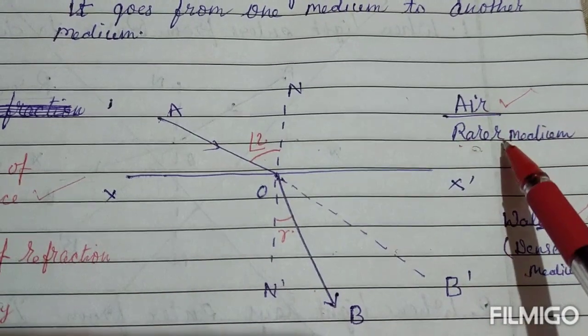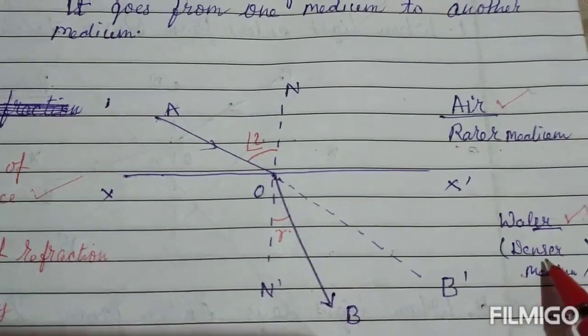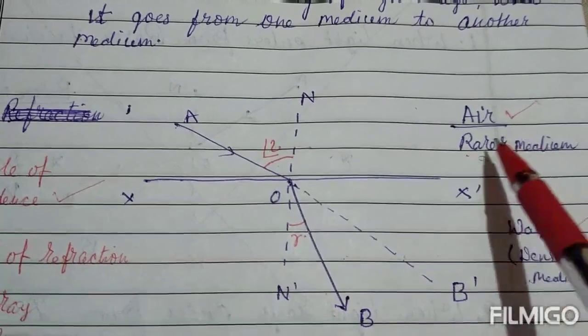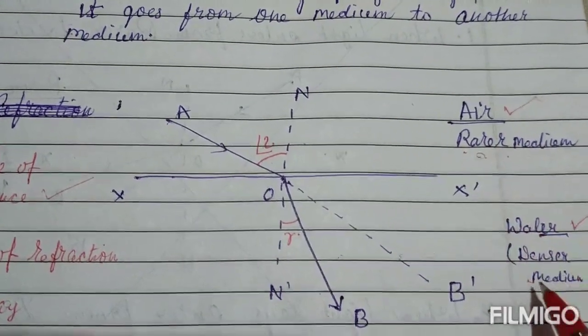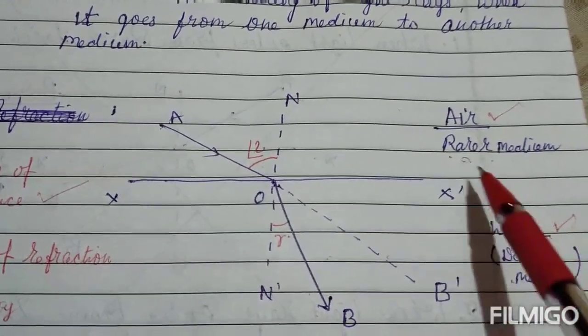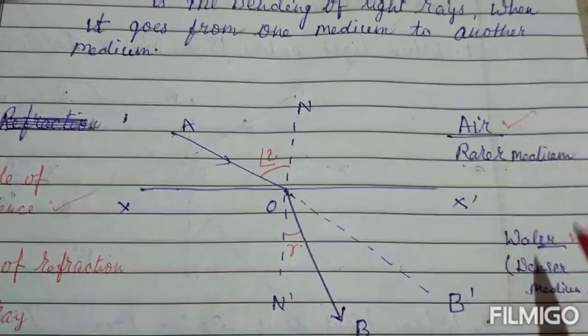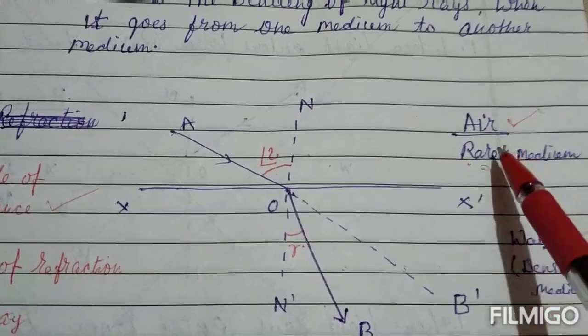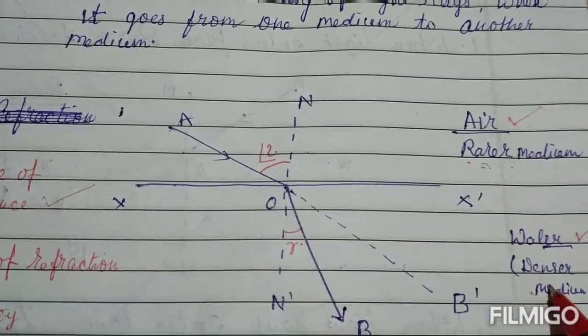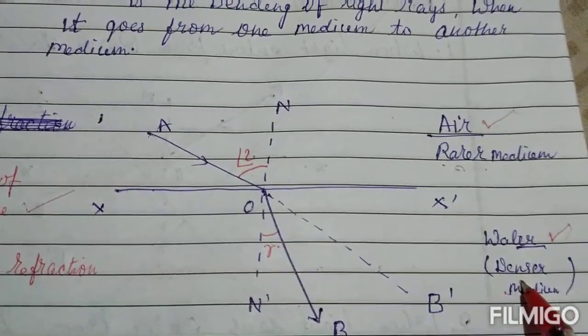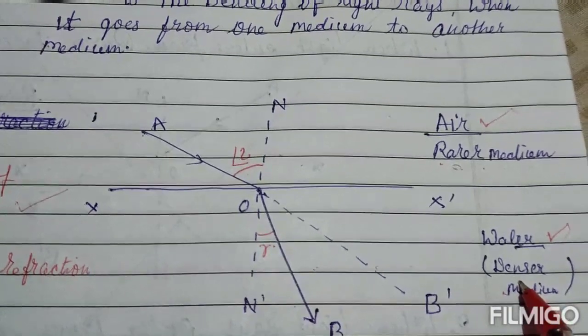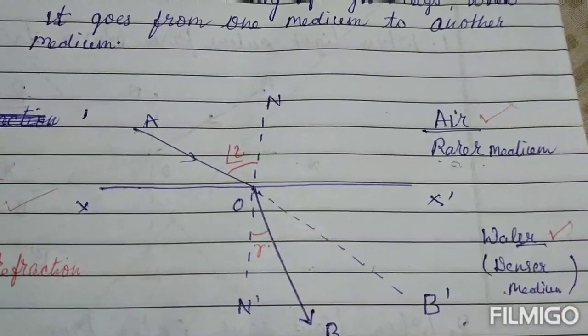Air medium is rarer medium relative to water. Water is the denser medium here. Now what is a rarer medium and what is a denser medium? The medium which has less optical density relative to other is called rarer medium, and denser medium has larger optical density relative to rarer medium.